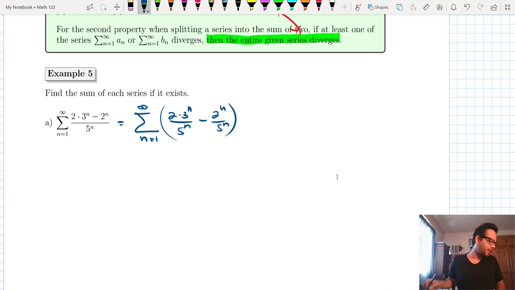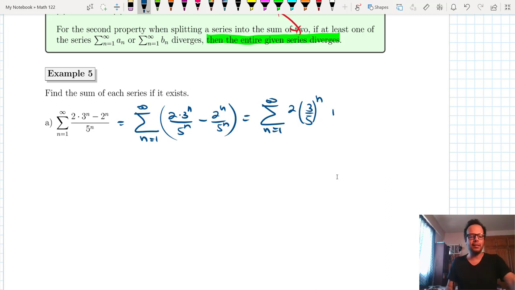Yes, this one is going to take a while, I think. You'll see why. Okay, so we are going to write this as sigma n equals 1 to infinity of 2 times (3/5) to the n, minus (2/5) to the n power.